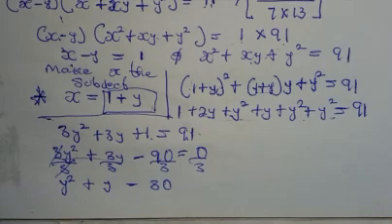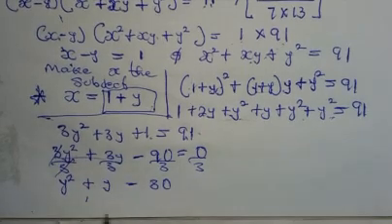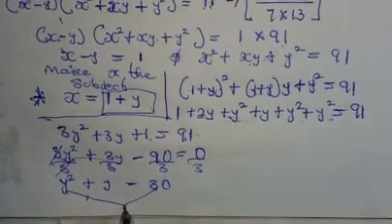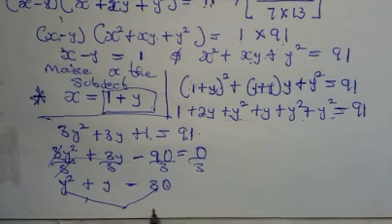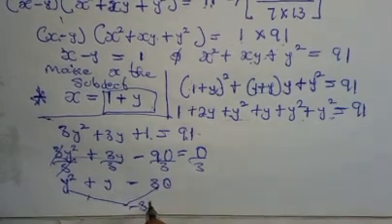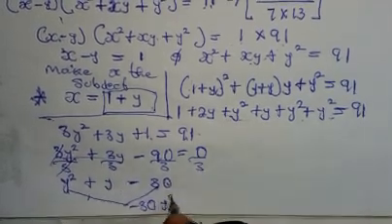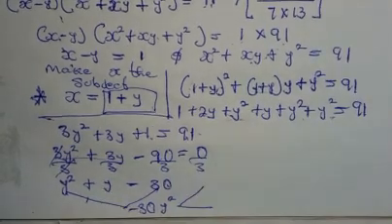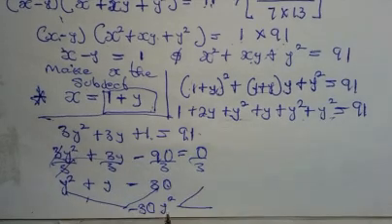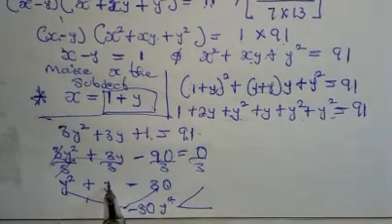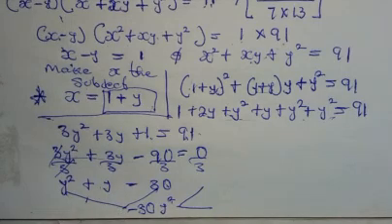So now using the factorization method to solve this quadratic equation, we have y squared times minus 30, which is going to give us minus 30y squared. So you are going to look for two factors whereby you multiply together to give minus 30y squared and add together to give y.